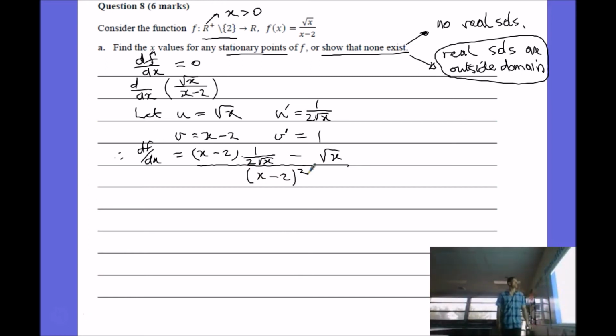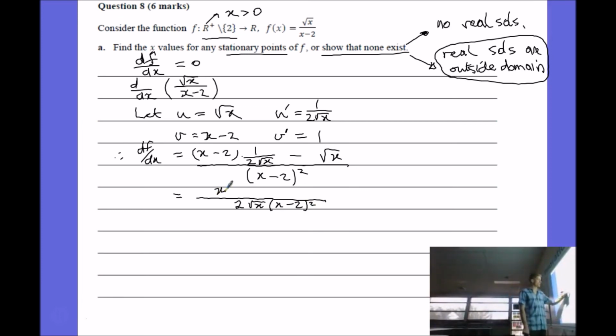Okay, so if we form a common denominator, then this 2 times square root of x is the extra factor which will pop down in the denominator here. X minus 2 all squared overall is your denominator.